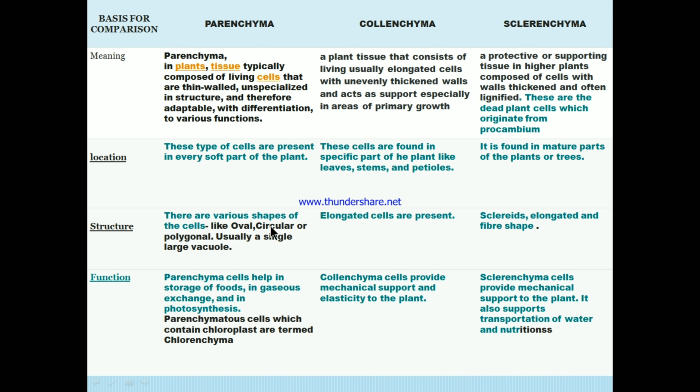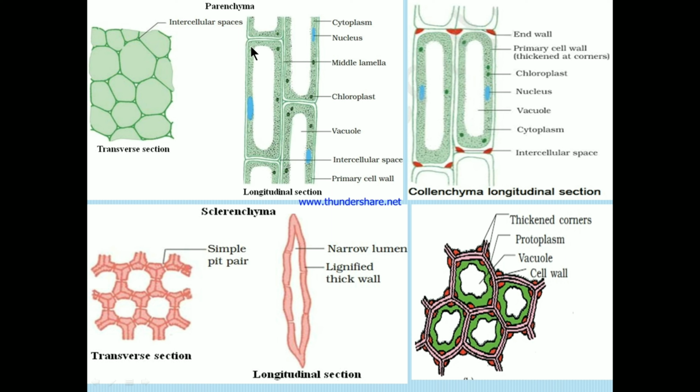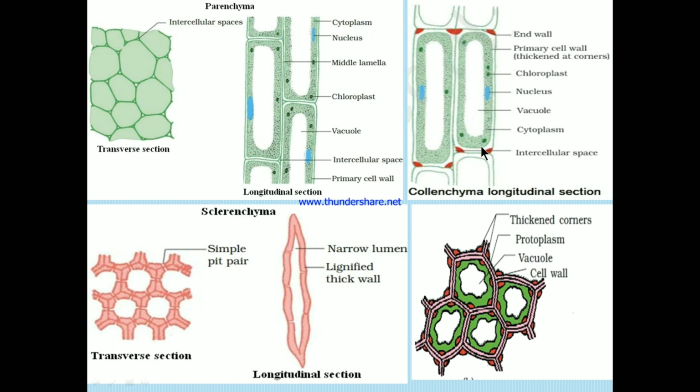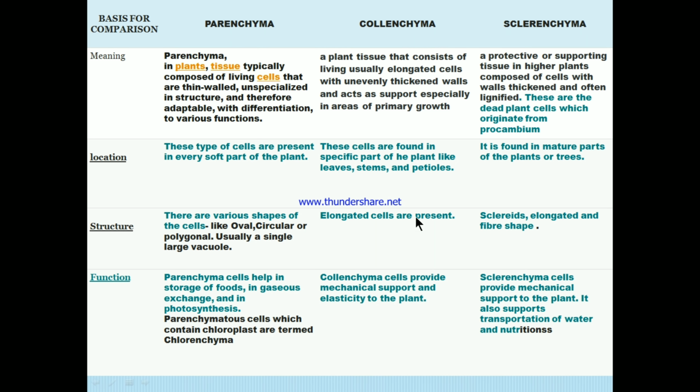Now let's move on to the structures. As I told you, the parenchymas are oval, circular, polygonal structures. If you go back and see the diagram here, they are oval, polygonal structures. Then if you come here and see the collenchyma, they are mostly elongated cells.